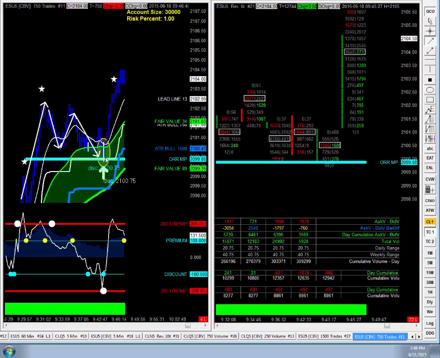A discount within the context of strengthening conditions is the core criteria we're looking to enter on. What we want to reference here is the high of the alert bar price, approximately 2101 actually.